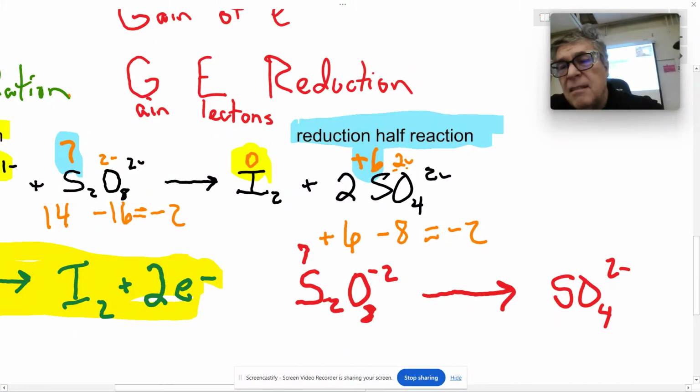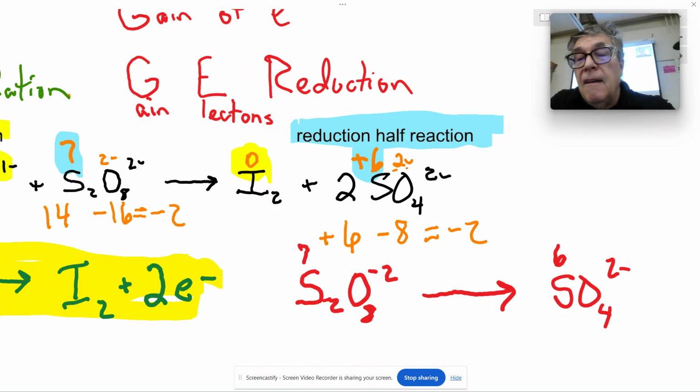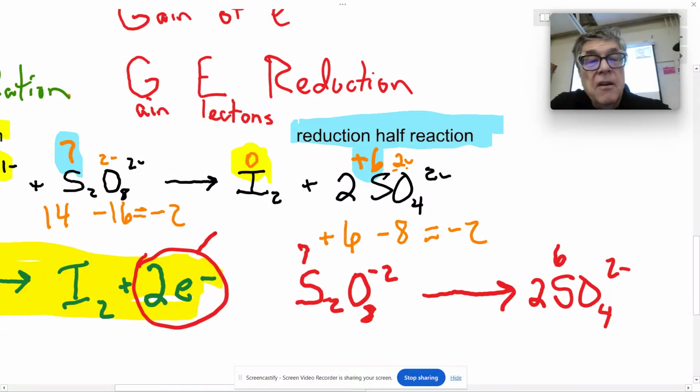It changed from 7 to a 6. But you'll notice there are 2 of the SO4s because there are 2 sulfurs. So we have to balance the charges. So those 2 electrons are going to come over here. Of course, electrons have a negative charge.